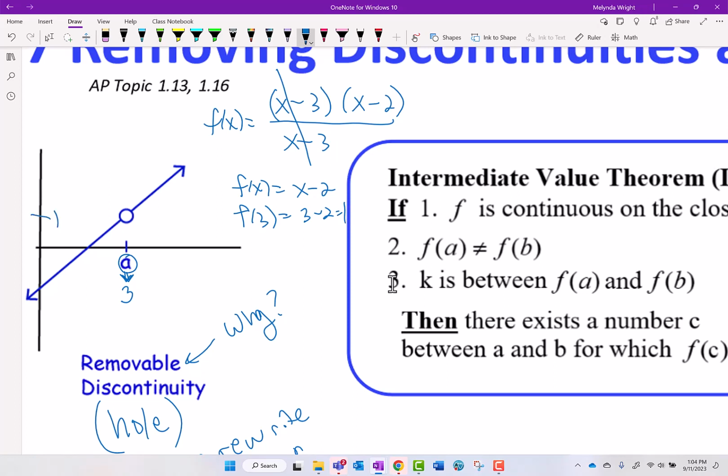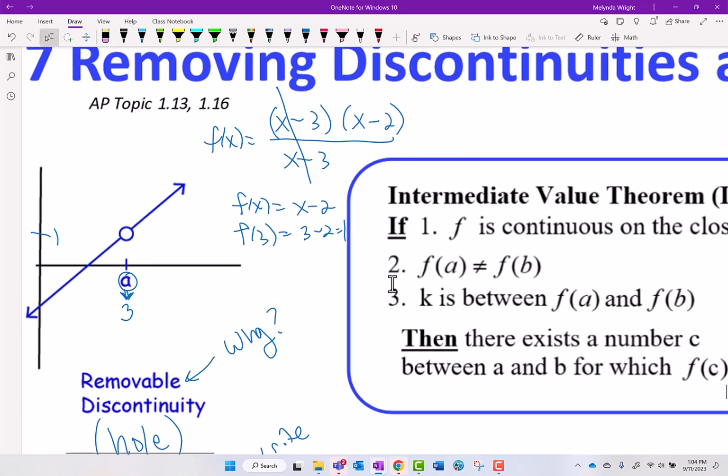Okay, so how would we plug it up? How would we rewrite it? So what we would do is write it as a piecewise, so f of x equals, we would say it's this original function, x minus 2 over x minus 3 times x minus 3.